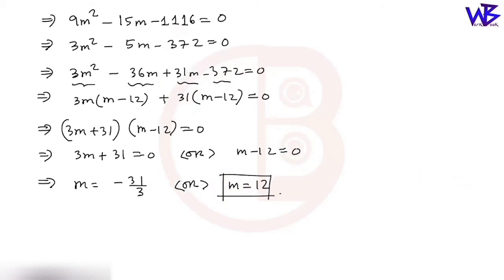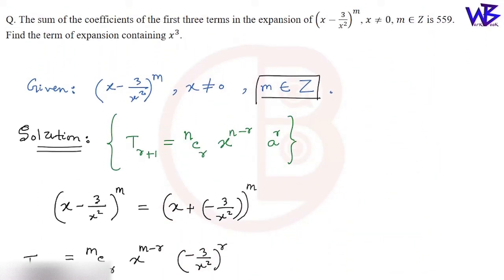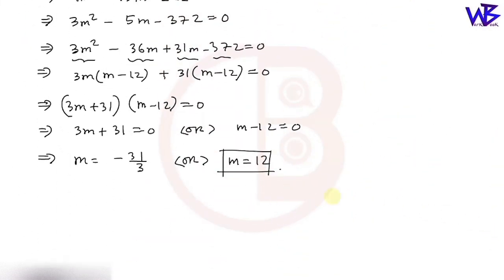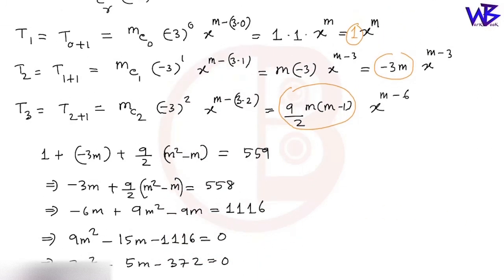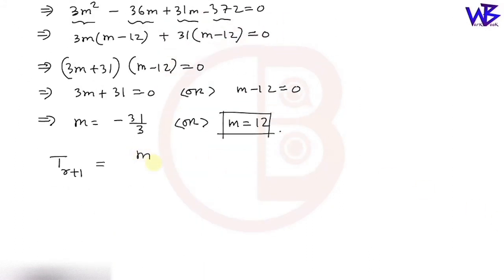Now the question has asked us to find the term of the expansion containing x cubed. For that we will again write the expression for T(r plus 1), which is equal to mCr into minus 3 to the power r into x to the power m minus 3r.